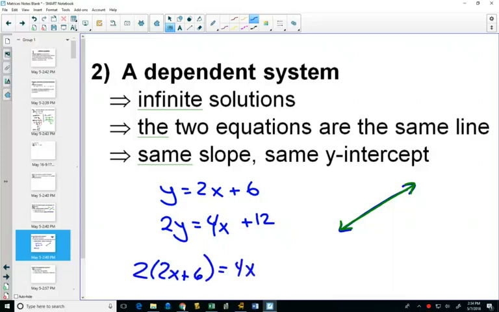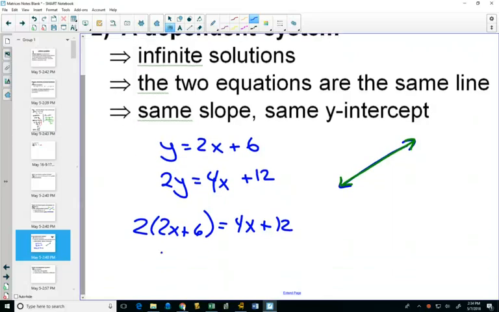What's going to happen? You get 4x plus 12 equals 4x plus 12. And you solve for x, and you're like, oh my goodness, 0 is equal to 0.